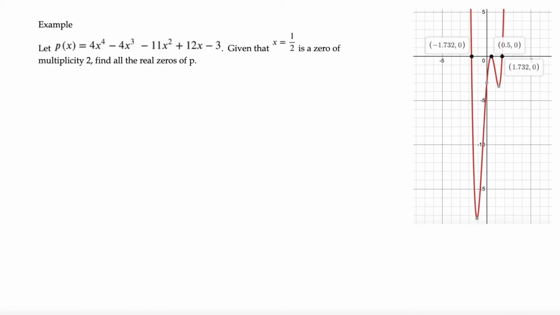We'll follow this same process again. We have 4x to the 4th minus 4x cubed minus 11x squared plus 12x minus 3. It's already written in descending order. We should have 4 solutions.